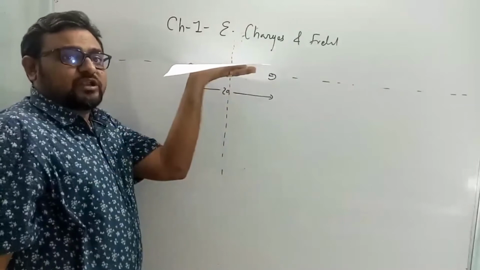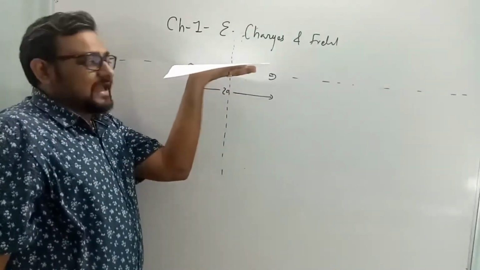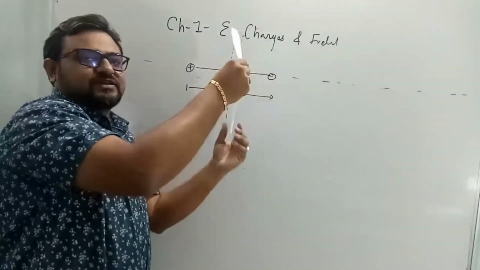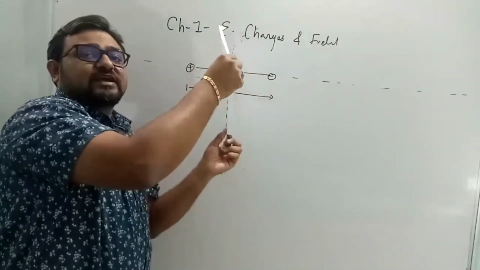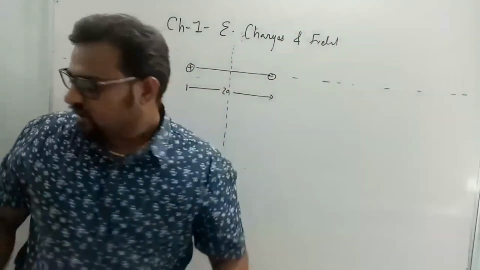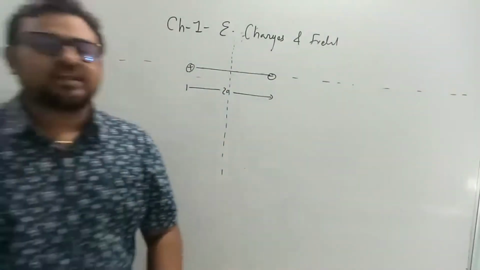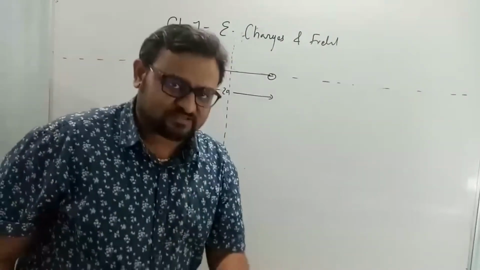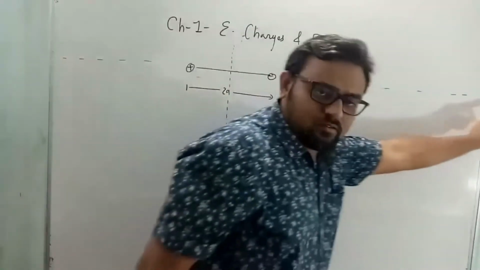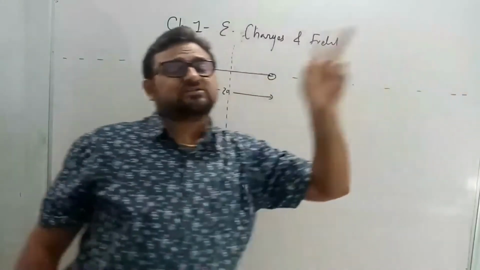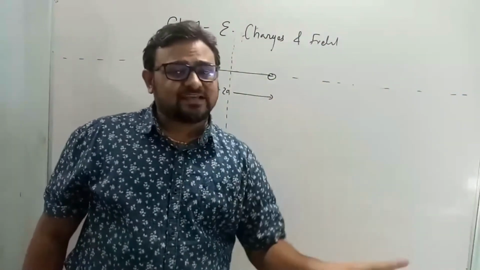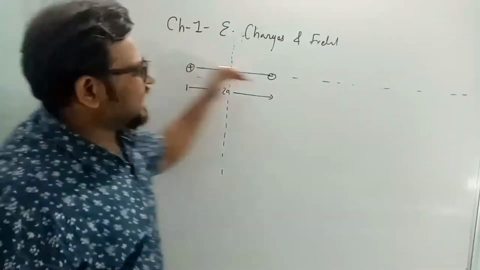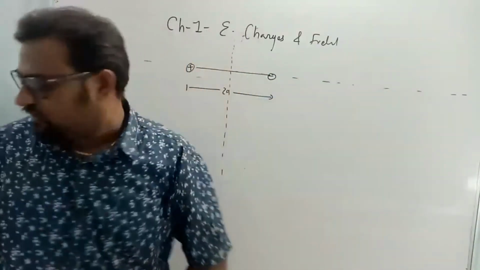Any point in this plane is in the axial plane, and any point on this is in the equatorial plane. But we are first deriving the formula for electric field on the axis, means this line. Those were the two planes I showed you, axial plane and equatorial plane. Now we are talking about the axis, so any point on the axis.